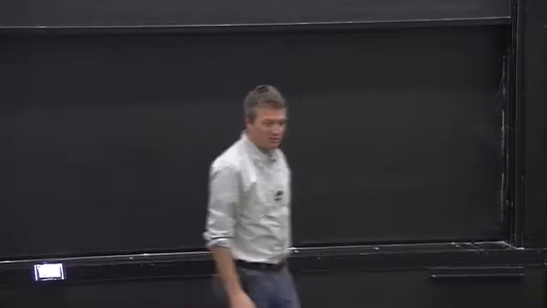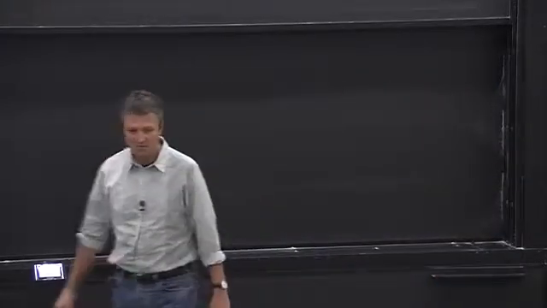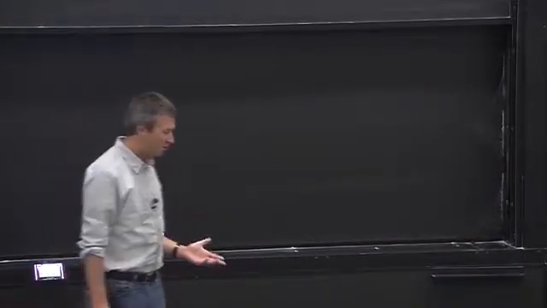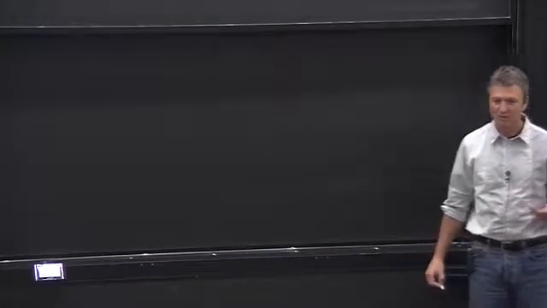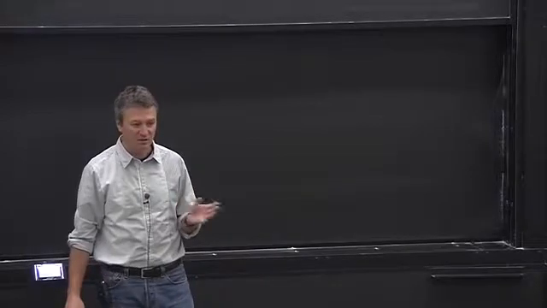Yes? Is there some reason why we associate the word left with positive velocity and the word right with negative velocity? Well, left and right is a matter of convention, of course, but the reason they have handedness is that for a massless particle, chirality coincides with helicity.